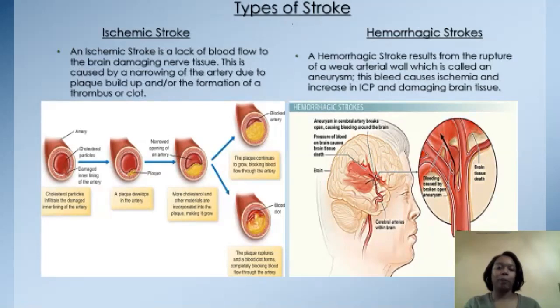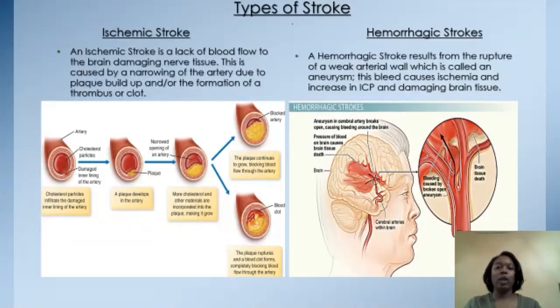or a clot can form right there, occluding that artery along with the plaque. Then we also have the hemorrhagic stroke, which results from a weakening of the vessels and a rupture and bleed into the surrounding brain. The blood accumulates and compresses the surrounding brain tissue, causing the brain tissue to die.